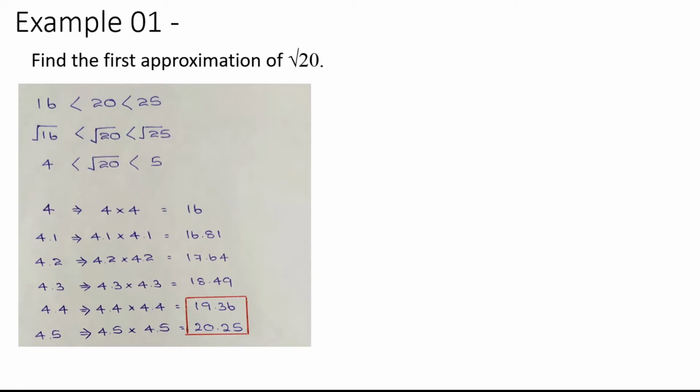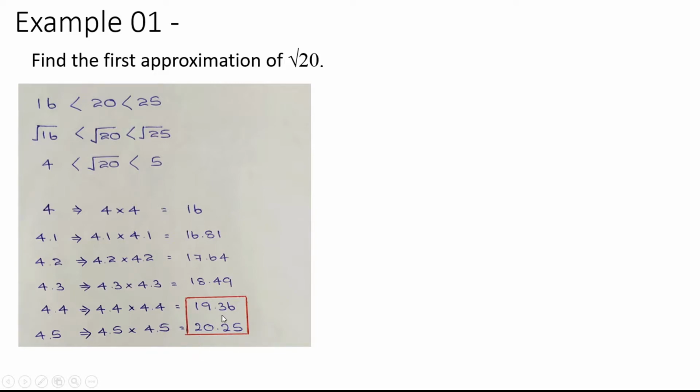So let's find the squares of the values between 4 and 5 in order to identify the number having a product closest to 20. Here you can see the square of 4.1 is 16.81, the square of 4.2 is 17.64. Likewise, it is calculated. 4.4 squared is 19.36 and 4.5 squared is 20.25.